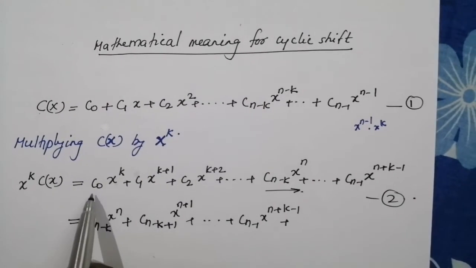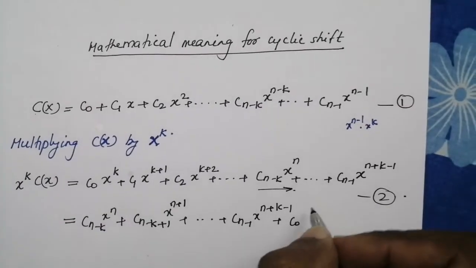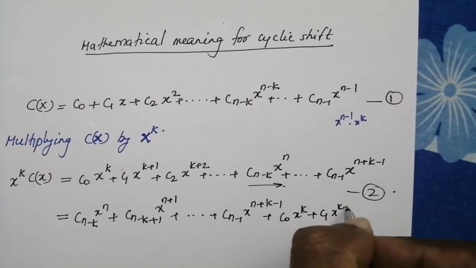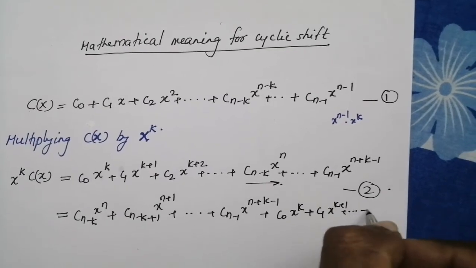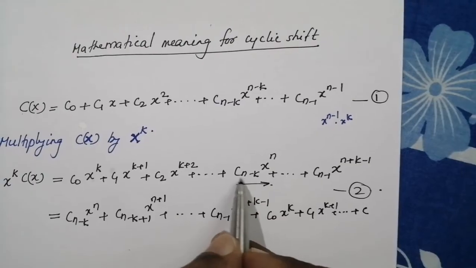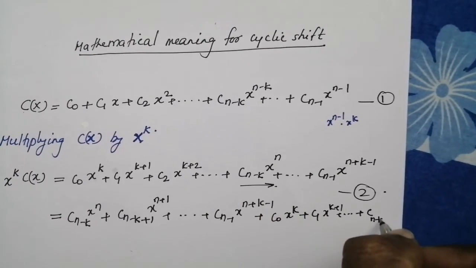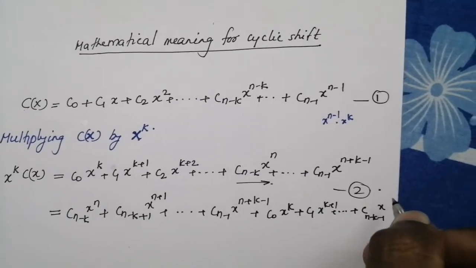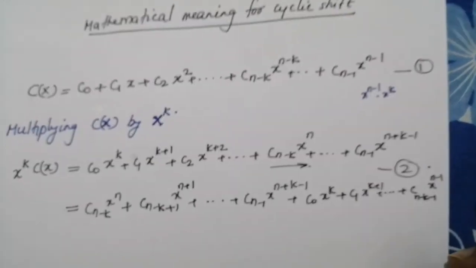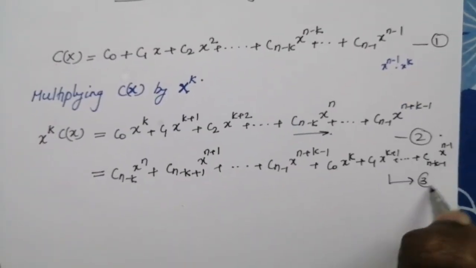Then we will write from this term onwards, C0 x raised to k plus C1 x raised to k plus 1 plus etc. plus, what is the last term now? The term just before this particular term, that is C n minus k minus 1 x raised to n minus 1. So this is equation number 3.